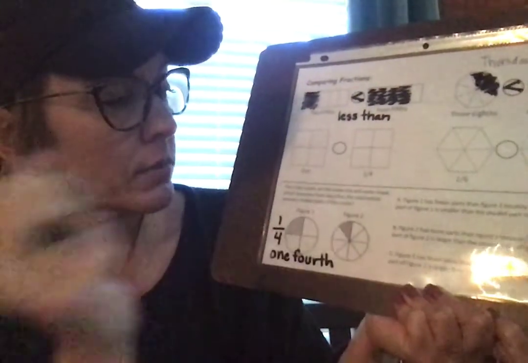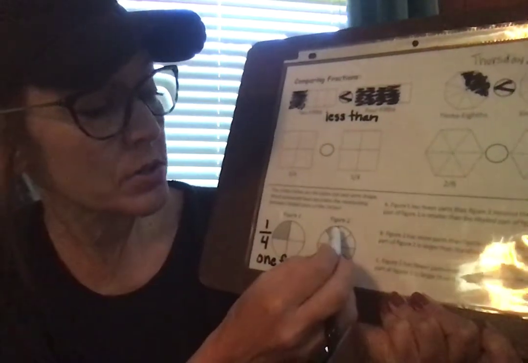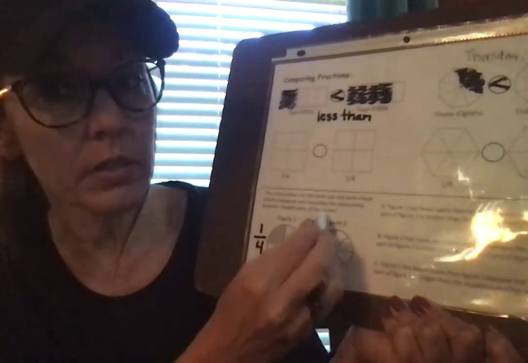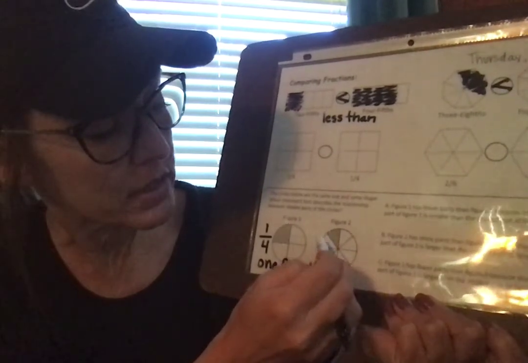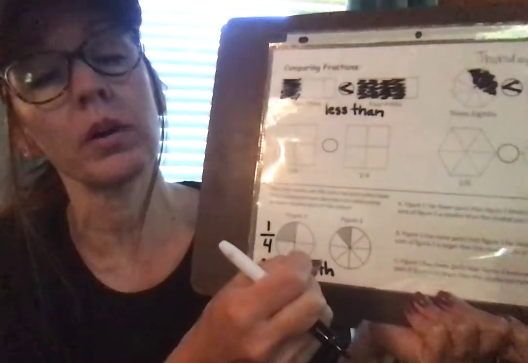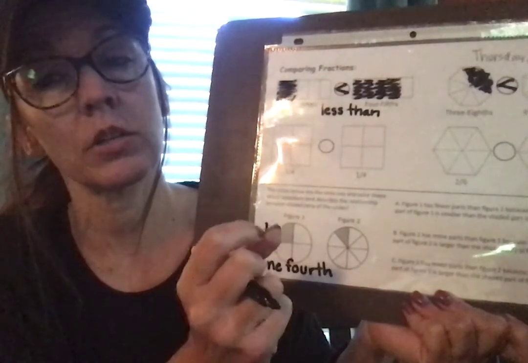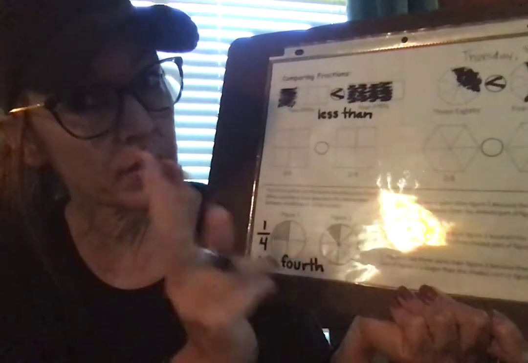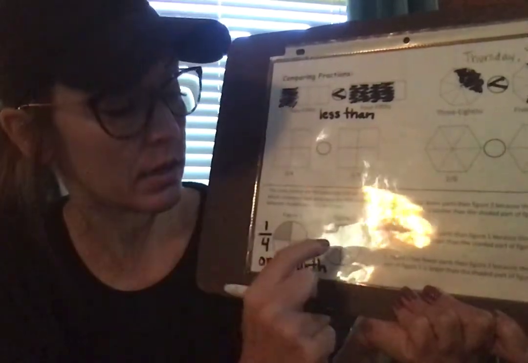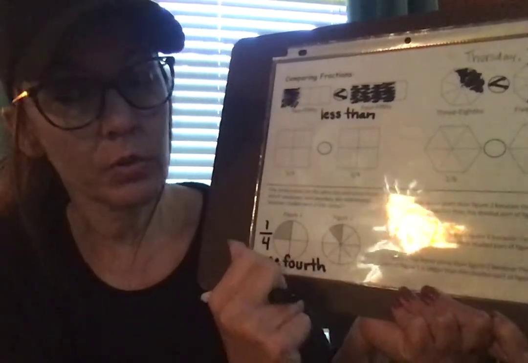Now let's look at the second one. I'm going to start by asking myself, how many equal parts is it cut into? 1, 2, 3, 4, 5, 6, 7, 8. Okay, so it's 8 equal parts. So what's a good name for each of those parts? Eighths. Now I'm going to ask myself the second question, how many parts are shaded? 1 of those parts is shaded.